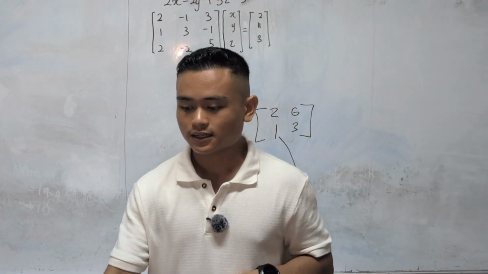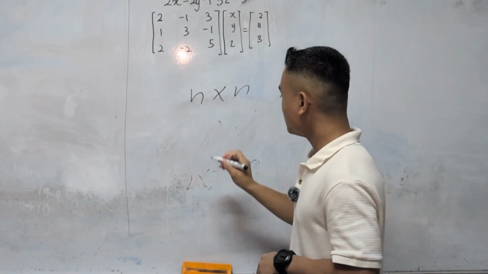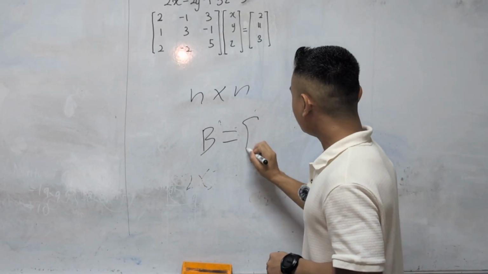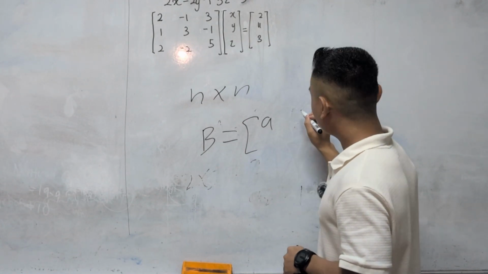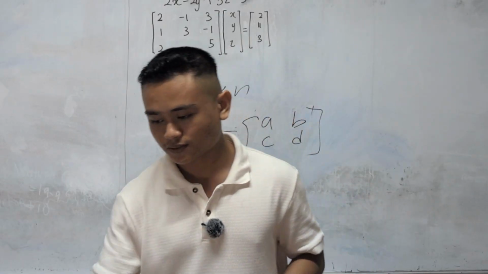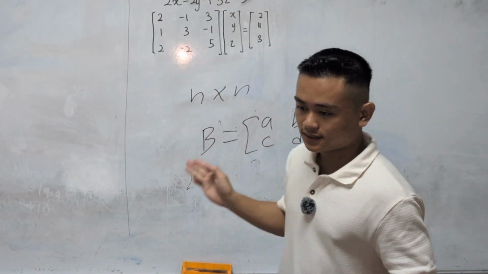To illustrate, a 2x2 square matrix can be written as B equal to, in brackets, a, b, c, and d, where the elements are a, b, c, and d.